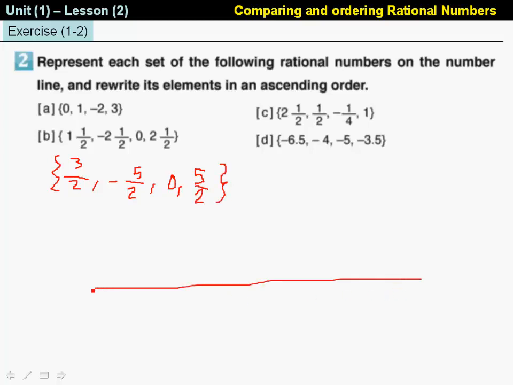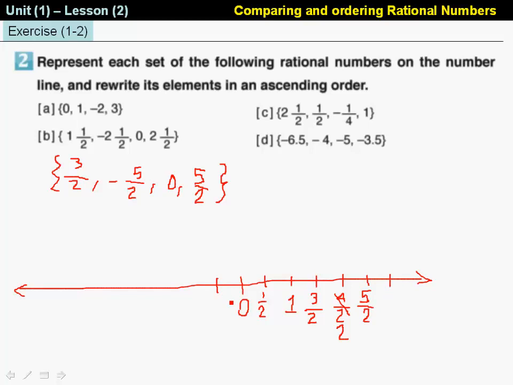We draw the number line. We start from 0 and you will notice that everything is divided by 2. So this is 1 over 2, 2 over 2 which means 1, 3 over 2, 4 over 2 which is 2, 5 over 2 and so on.